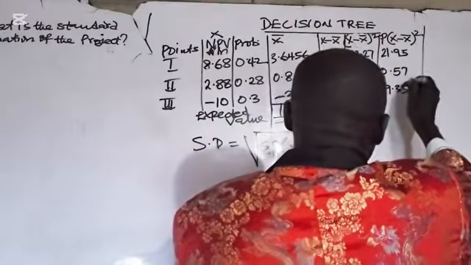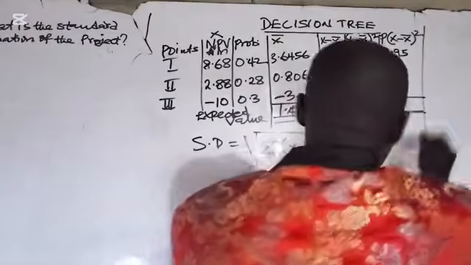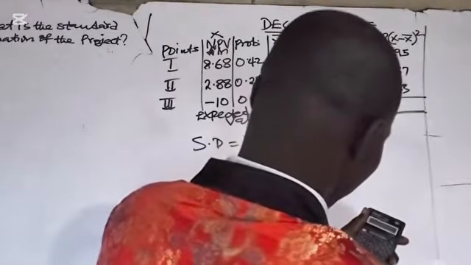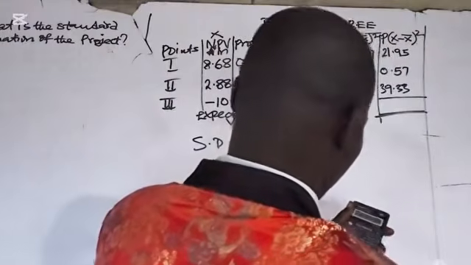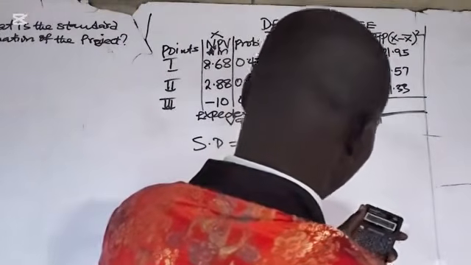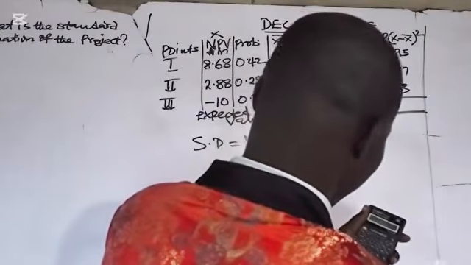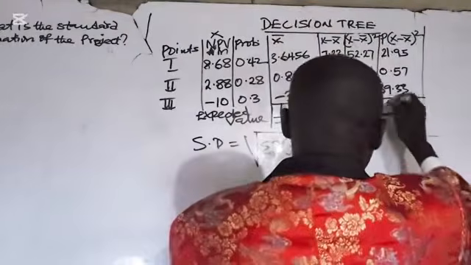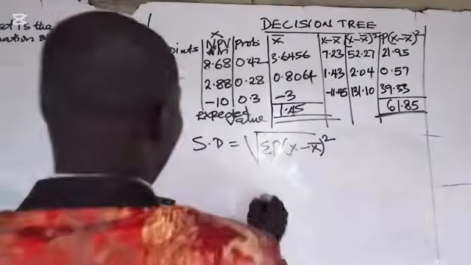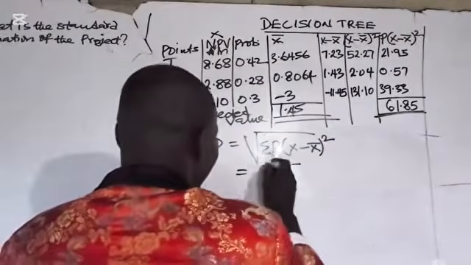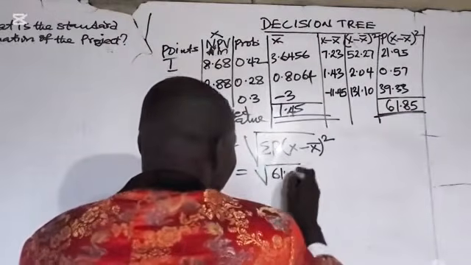So if you sum up this column, 39.33 plus 0.57 plus 21.95, that totals 61.85. This is the variance, 61.85.